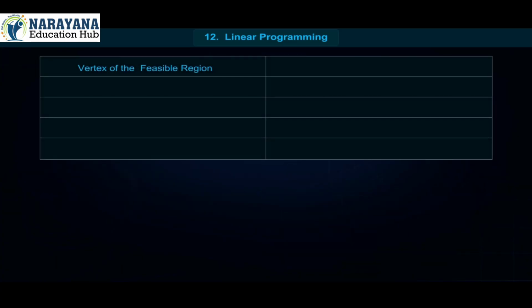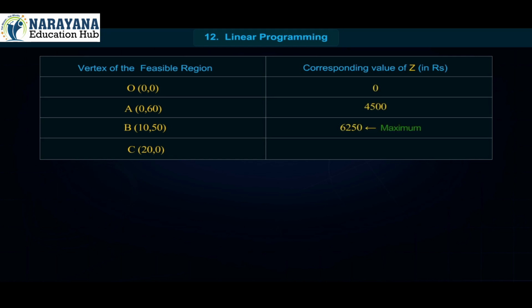Vertex of the feasible region: O (0, 0), A (0, 60), B (10, 50), C (20, 0). Corresponding value of z in rupees: 0, 4,500, 6,250, which is the maximum, and 5,000.